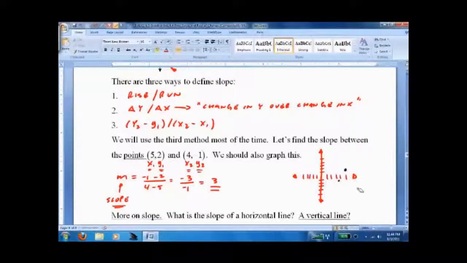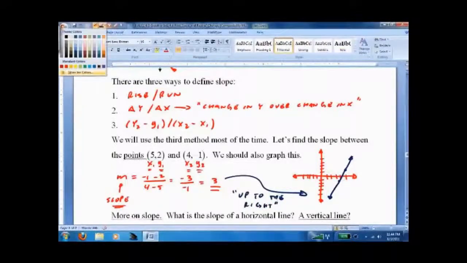Looks like my axis has gone a little funny, so let me fix that. Good. And then we're just connecting dots. This is a slope of positive 3. Notice it goes up to the right. And we'll talk about how steep it is another time.